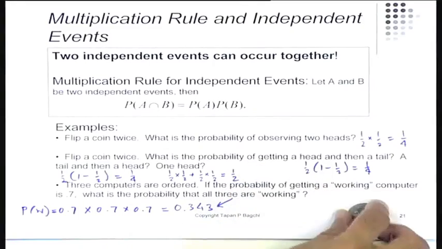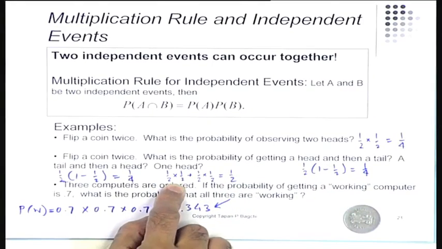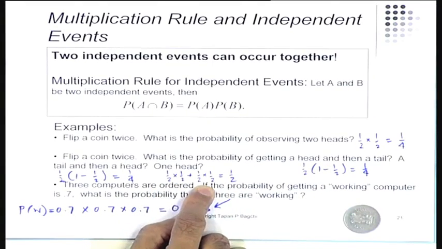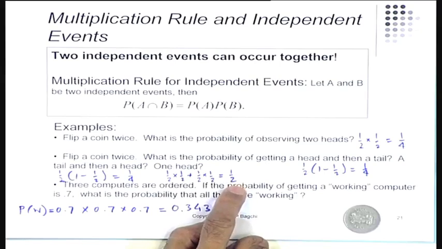So I've got two ways to get one head: head and tail, or tail and head. The first one is head and tail. I already calculated the probability for that, and that's 1 by 4. And a tail and a head turns out to have the same probability. So I have 1/4 plus 1/4, and my answer turns out to be half. So half is the probability of doing two tosses and finding exactly one head.